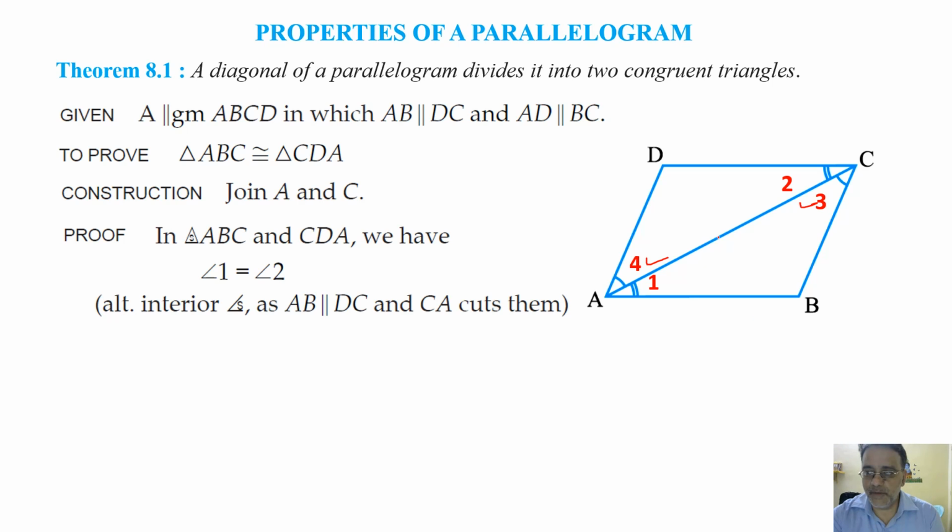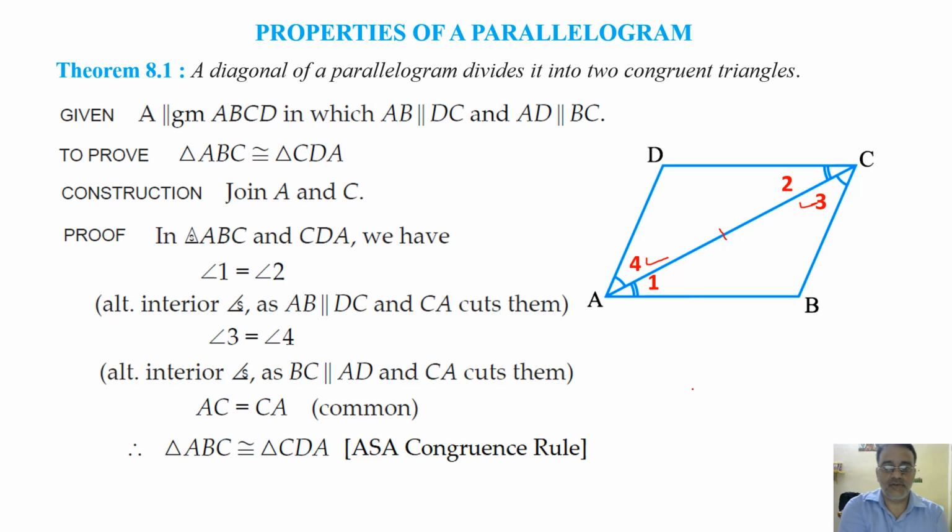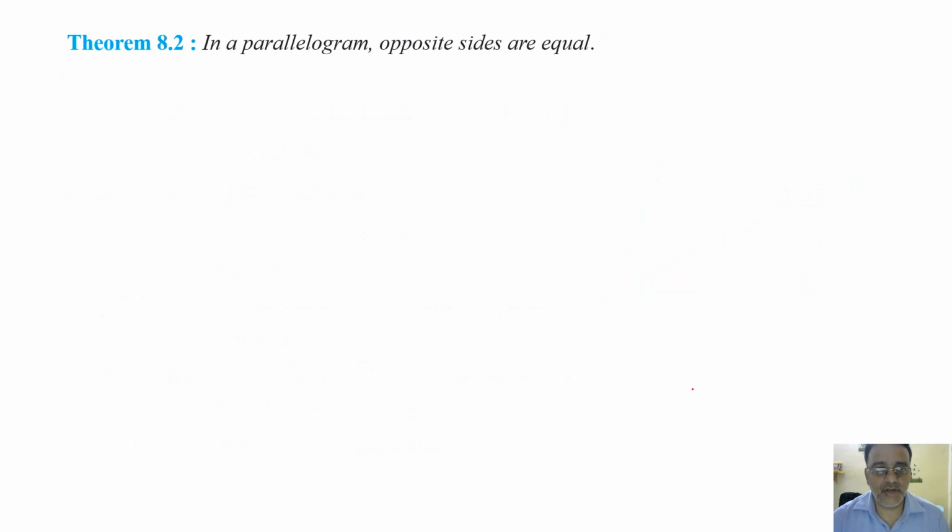Very good. And what about AC? Common. AC is common. So these two triangles are congruent by which criteria? ASA. Yes. Okay. So these two triangles are congruent by the ASA congruence rule. So any doubt in this theorem? No, sir. Okay. So now theorem number 2.